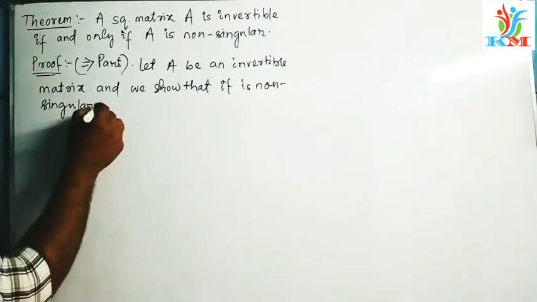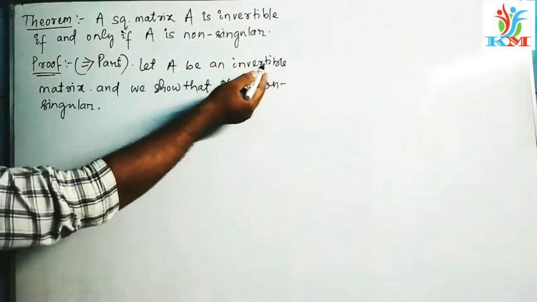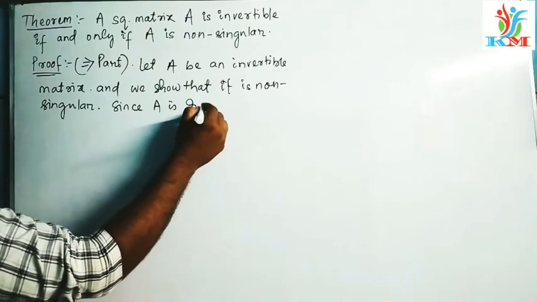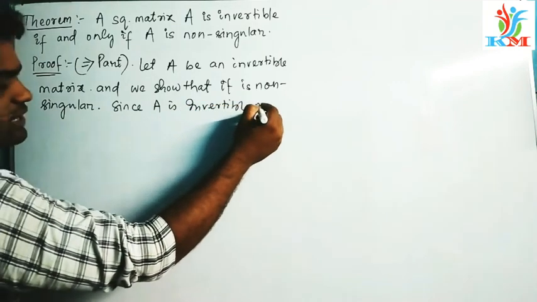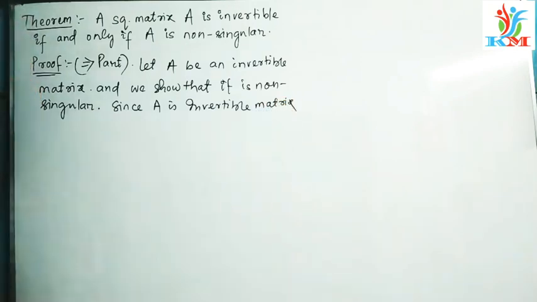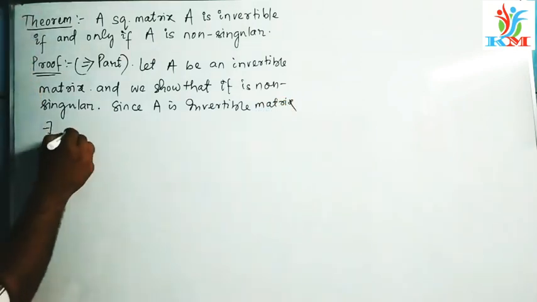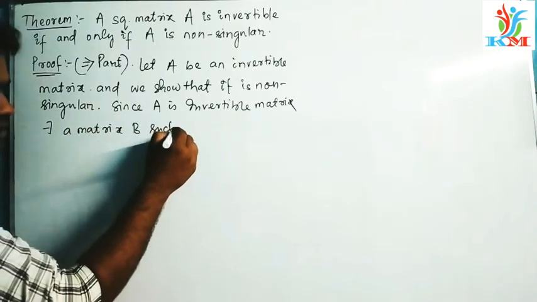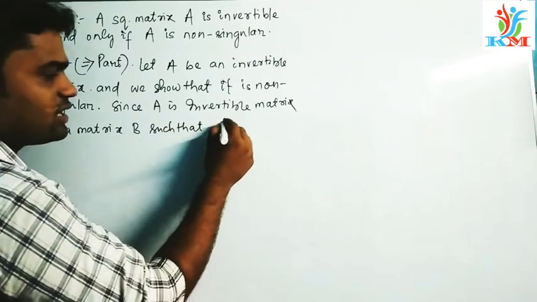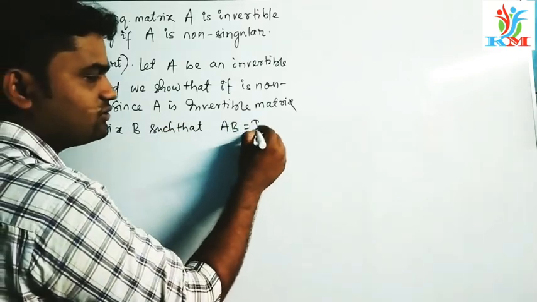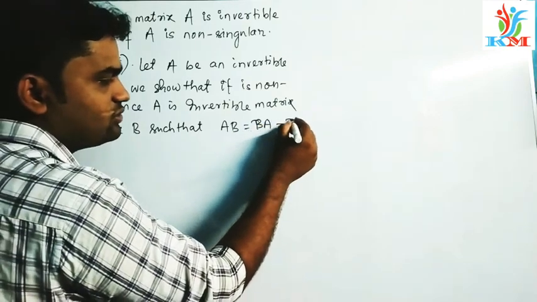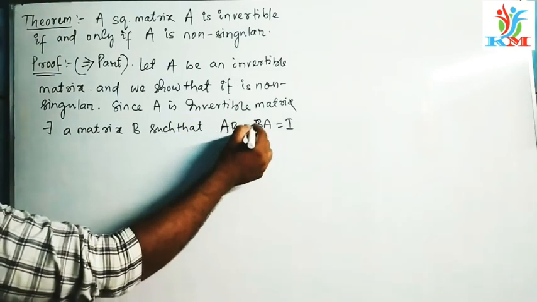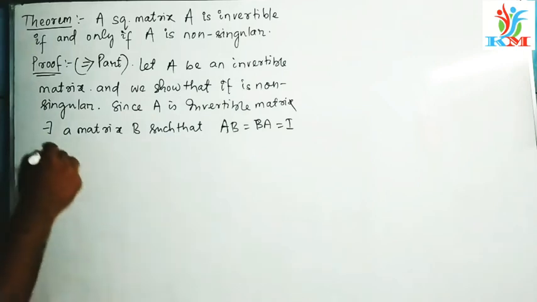Since A is an invertible matrix, by definition there exists a matrix B such that AB equals BA equals the identity matrix.